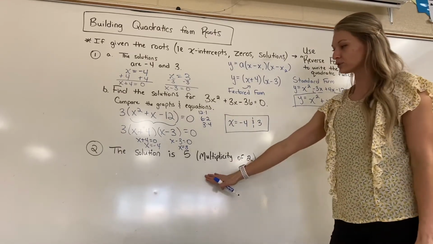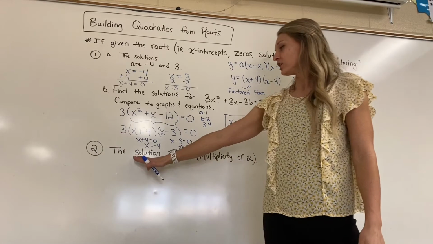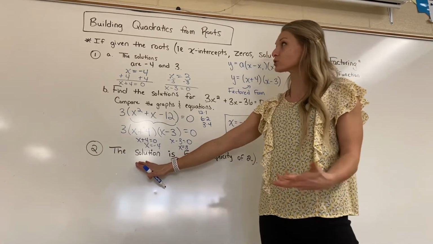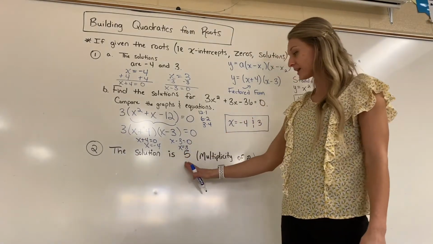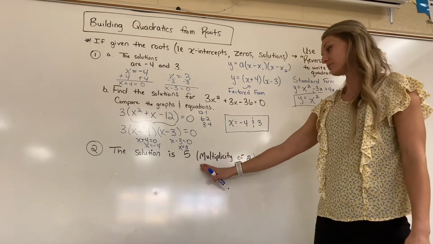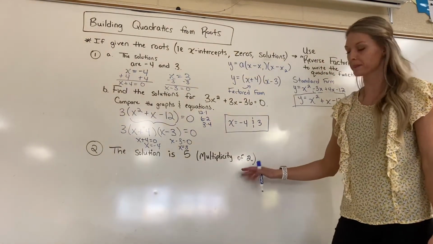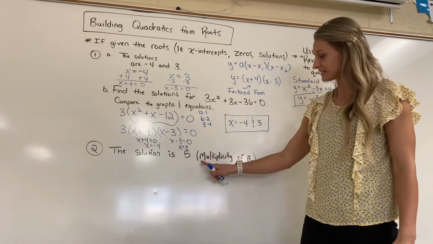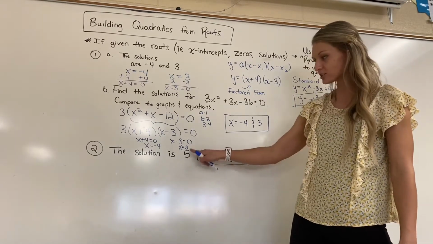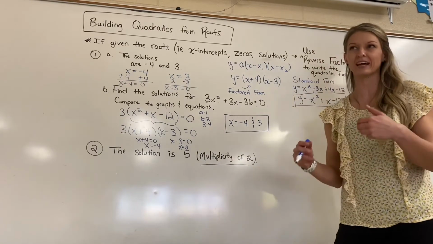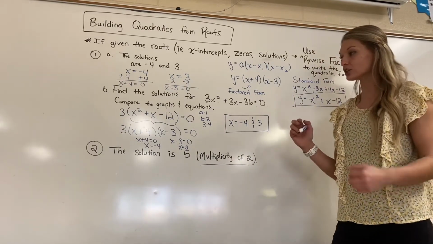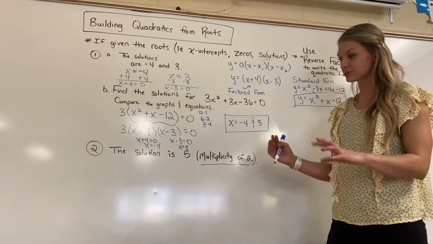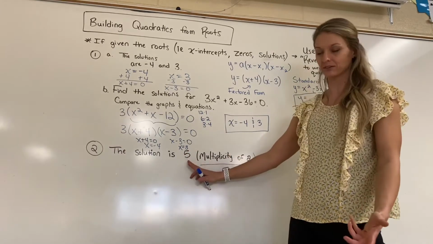So number 2 says that this quadratic is going to have a solution of 5, and then it says the multiplicity of 2. When it says something like this, what that actually means is this solution happens twice. So it has 2 x-intercepts, but they're the same thing, okay?